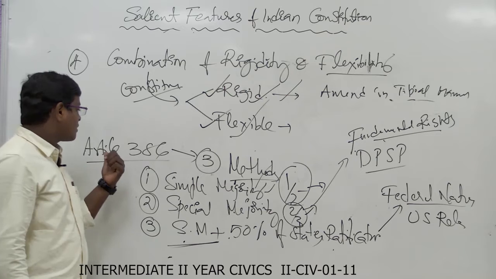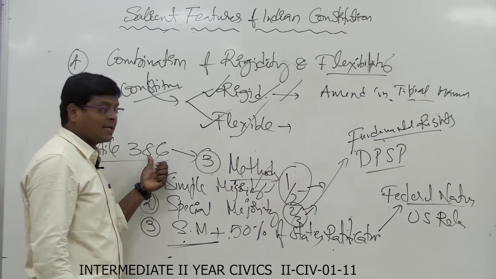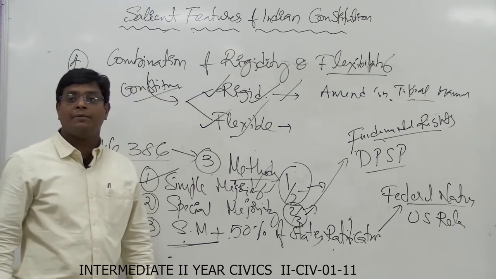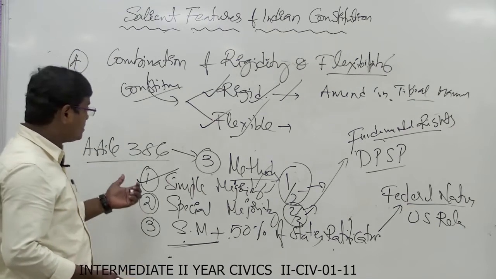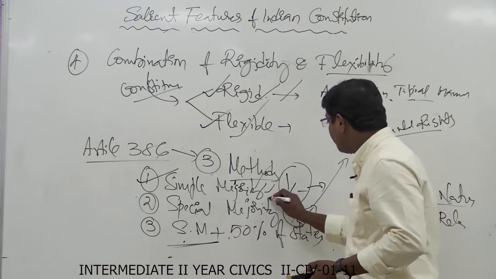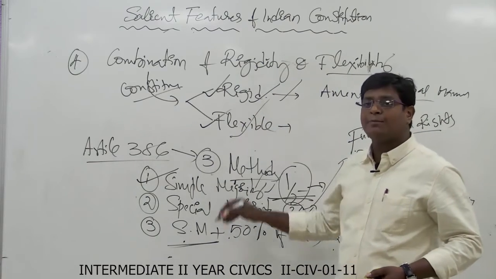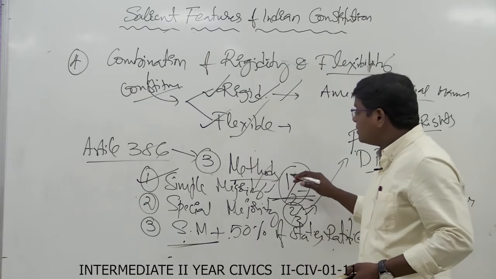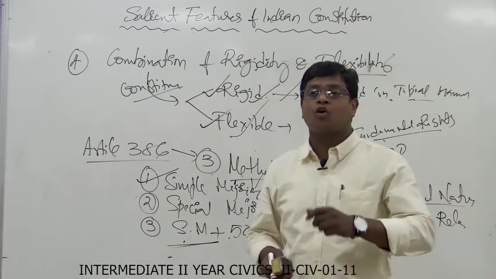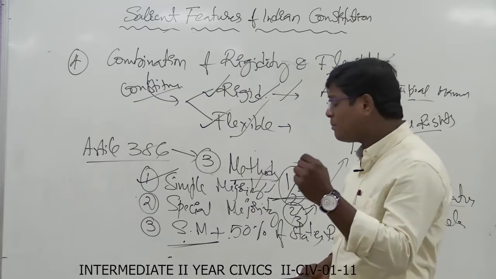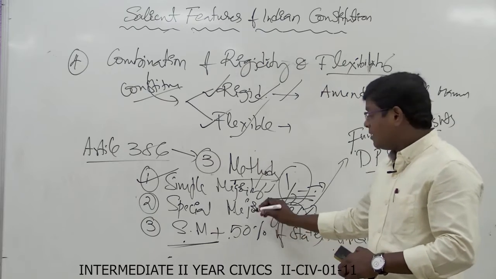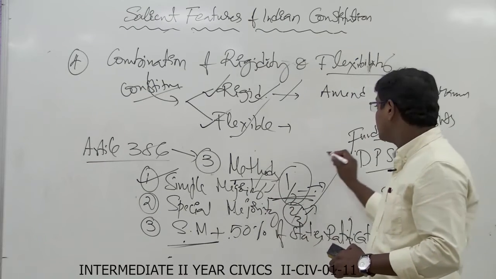Whereas our Constitution's Article 368 did not consider simple majority as an amendment procedure for these provisions, because by simple majority the provisions could change like ordinary law. These are not ordinary laws, these are special laws.